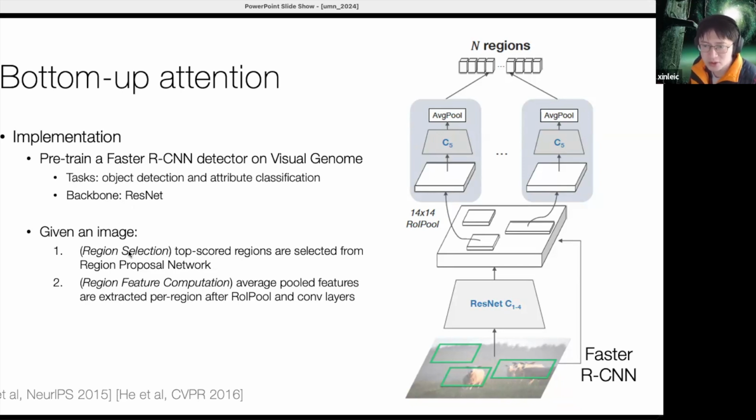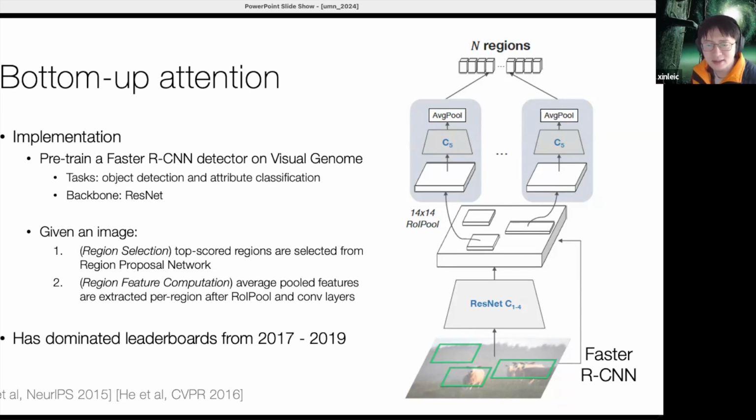But given the image, they would do two things on top of the ConvNet feature. So they will do region selection. They will score regions and then select regions from a lot of candidates. And then it will also do region feature computation, because now you have a set of regions, you have to represent each region with some features.